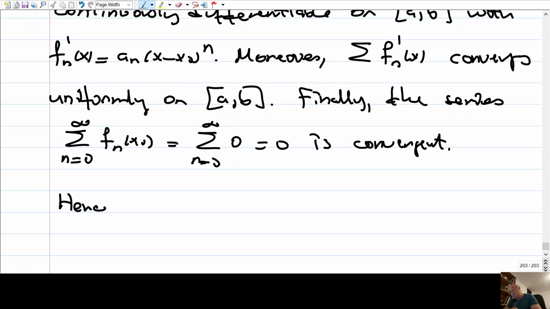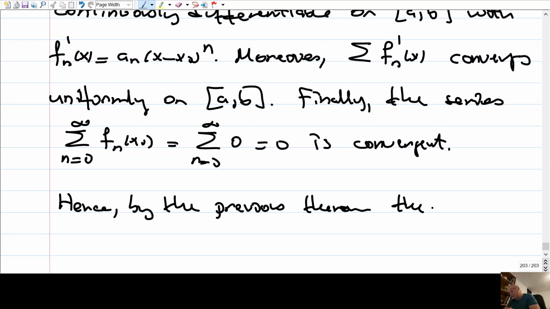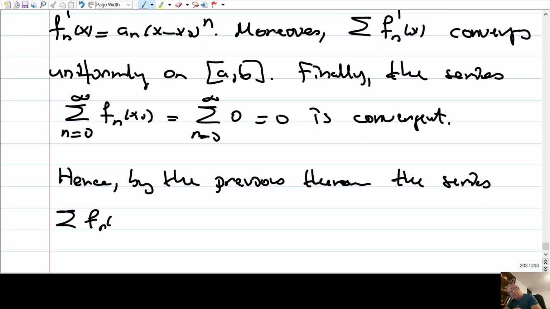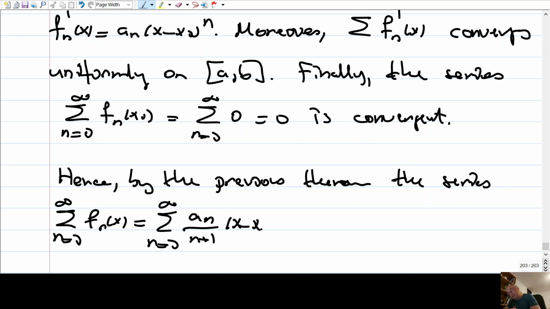Hence, by the previous theorem, the series, which series? This series, f_n(x), n from 0 to infinity, which is nothing but a_n over n plus 1 (x minus x0) to the power n plus 1, is uniformly convergent.